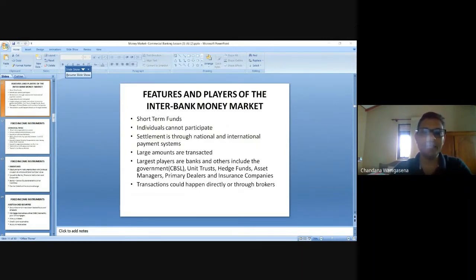Banks compulsorily have to invest part of their assets in the central bank in treasury bills and treasury bonds. It is at least 20%. That is the statutory liquid ratio of a bank. 20% of their assets should be invested in treasury bills and treasury bonds.